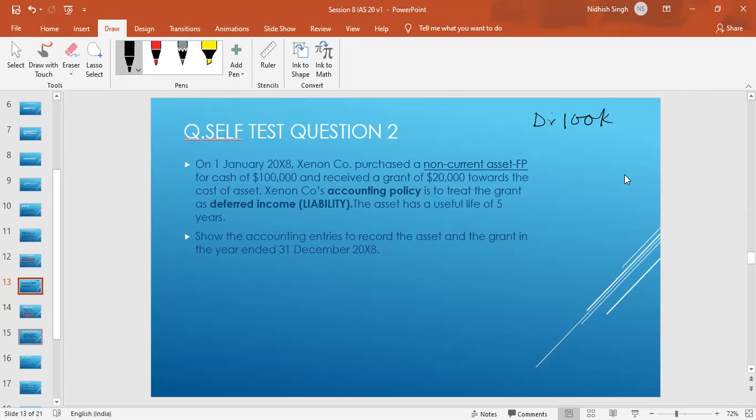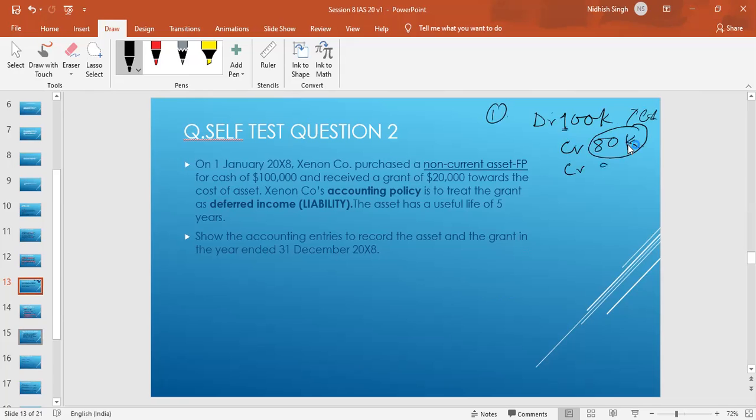You see this? So the first entry to start with: debit the asset, and credit what? 80K. This is the real cash from your cash account that we have spent.